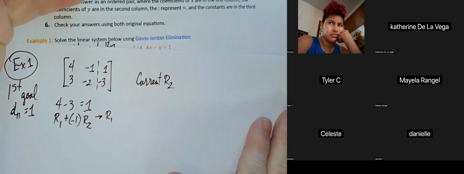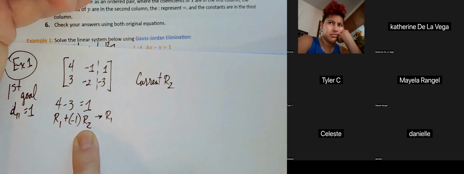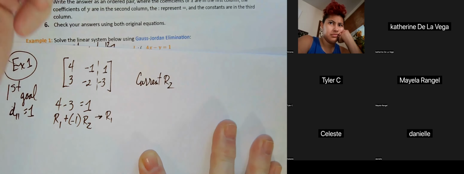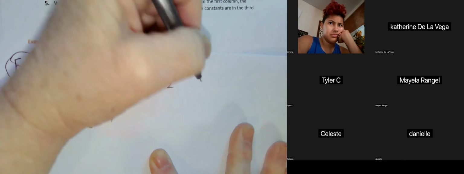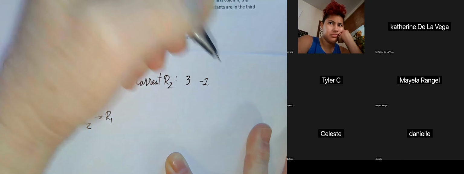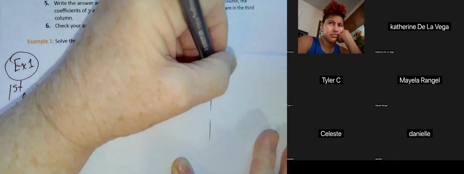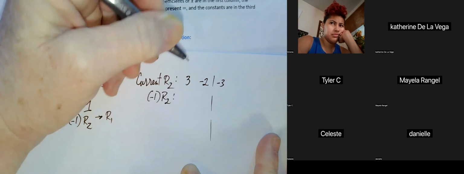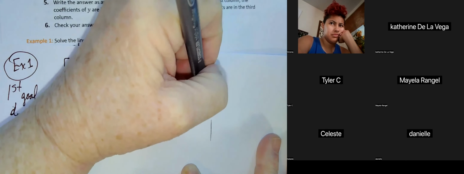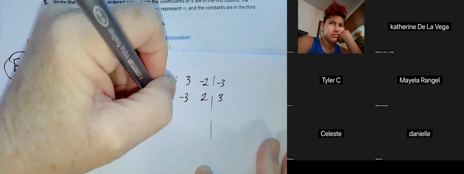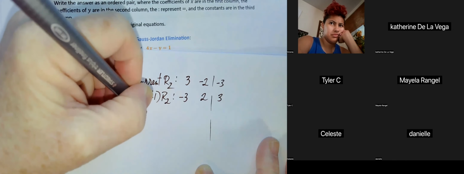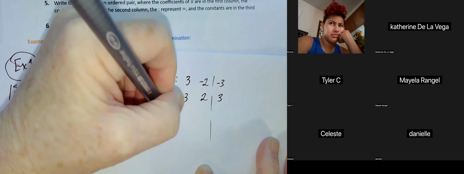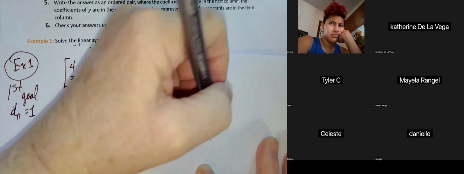So let's do row 2, and I'm just putting row 2. It's not the one that changed. So row 2 is 3, -2, -3, -1 times row 2, positive. Current row 1 is 4, -1.